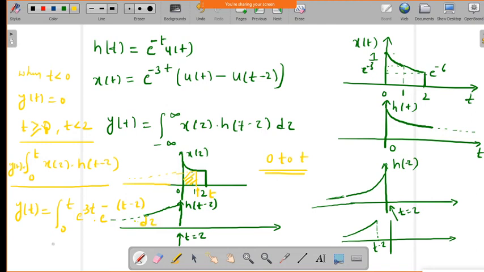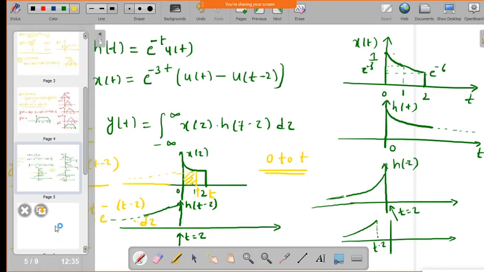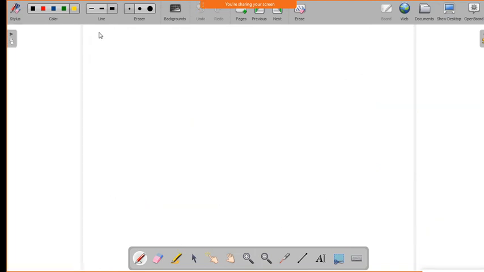So, now evaluate this integral for this limit. What is the output? y of t equals the integral from 0 to t of e power minus t into e power minus 3 t minus tau, d tau. Now take e power minus 3t and e power minus t outside.